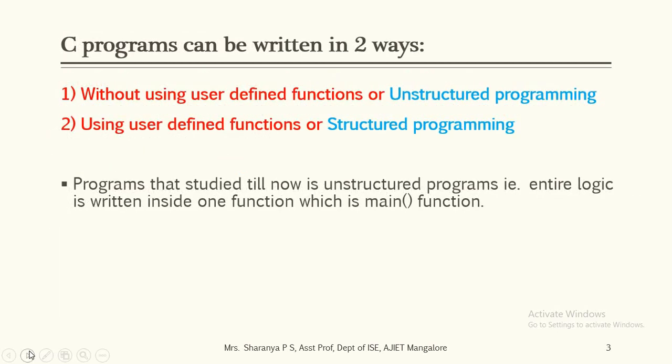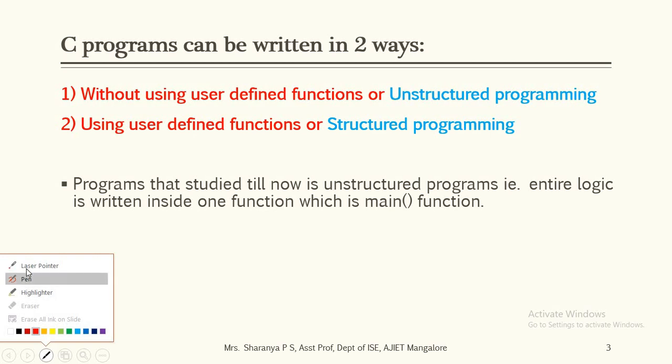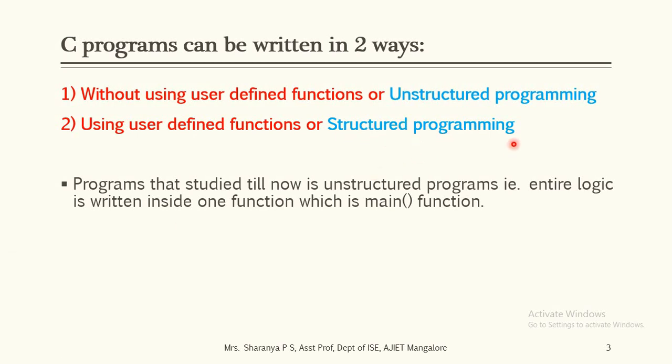Next, we will see the two different ways in which we can write a program. One kind is without using user-defined functions, which we call unstructured programming. The other is using user-defined functions, which we refer to as structured programming. What is unstructured programming?